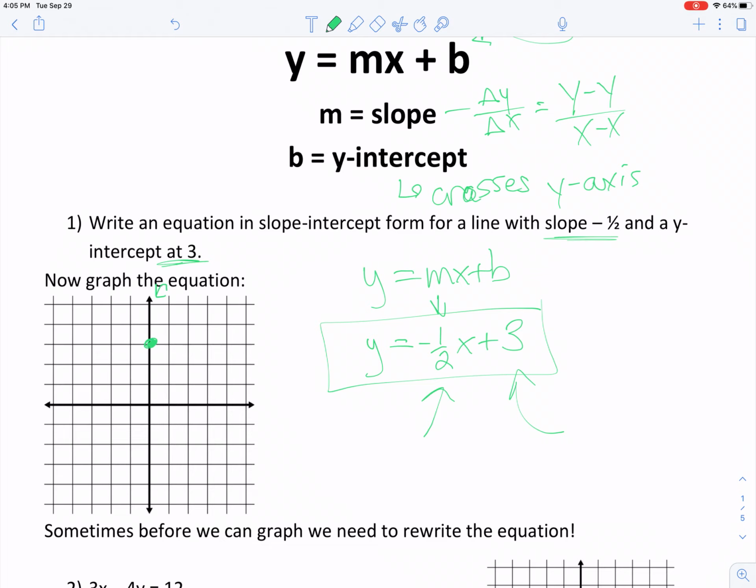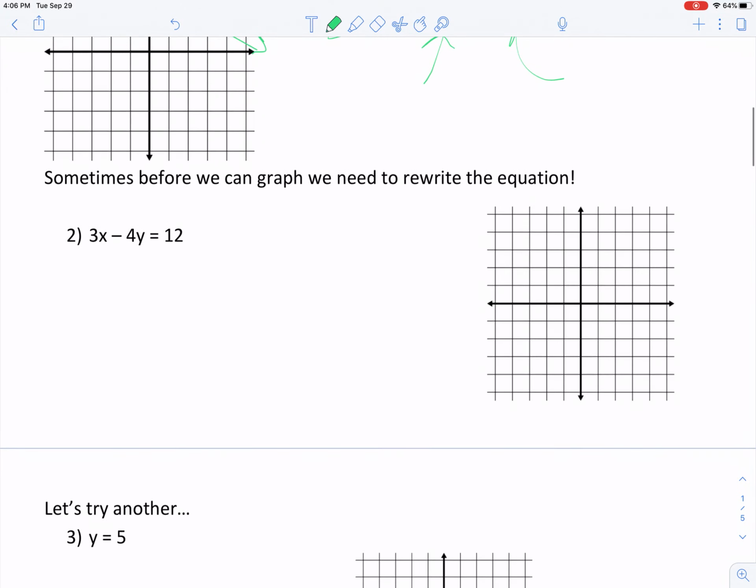Sometimes we get to start somewhere else. So I started up at the 3. If my slope is negative 1/2, I go down 1, over 2, down 1, over 2. Go backwards, it would be up 1, left 2, up 1, left 2. Then connect the dots like in first grade. Done.